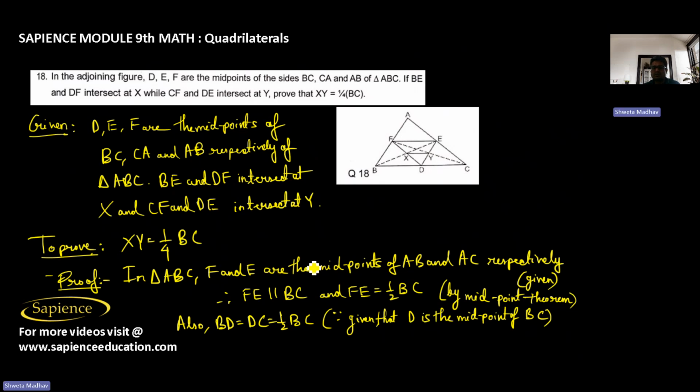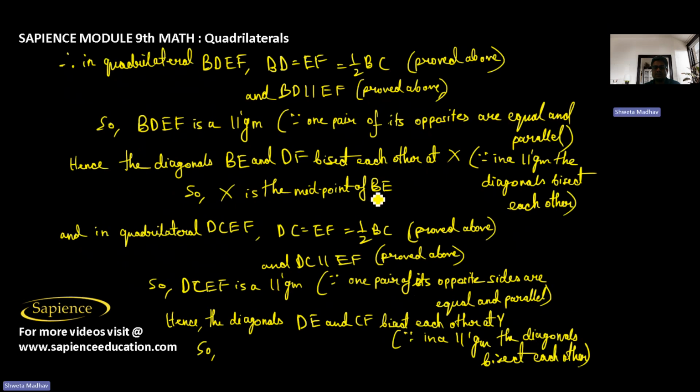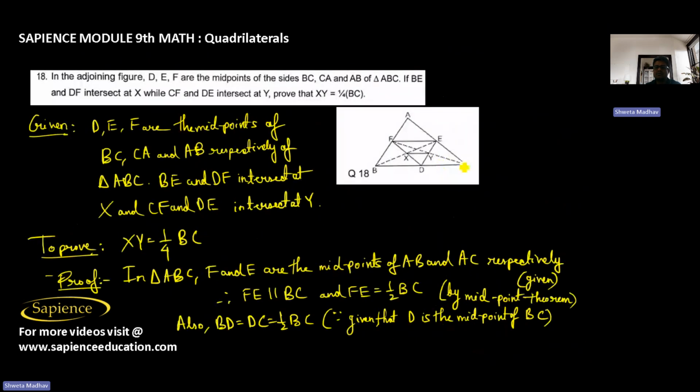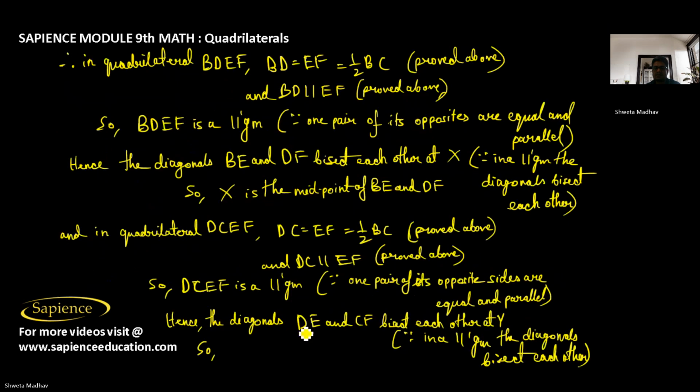So here we can also say X is the midpoint of DF, instead of saying X is the midpoint of BE and DF also. Similarly, Y is the midpoint of CF as well as DE.